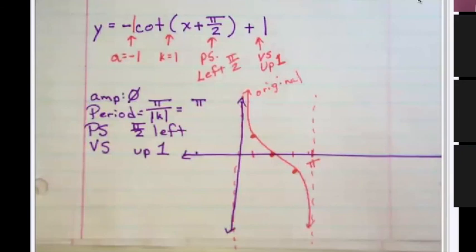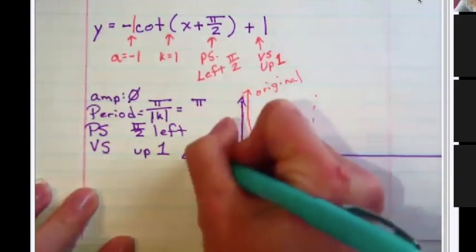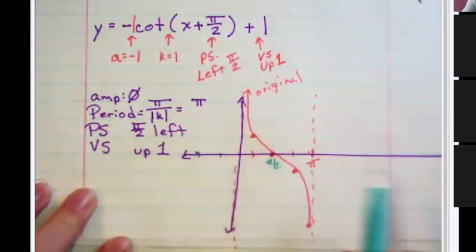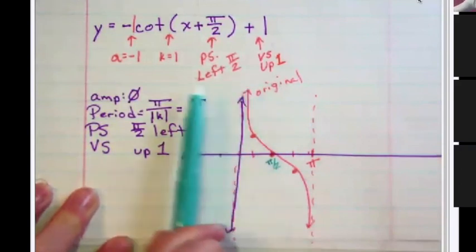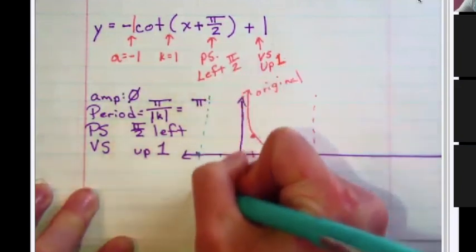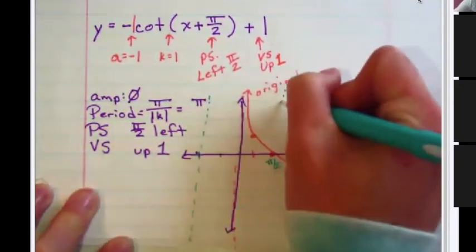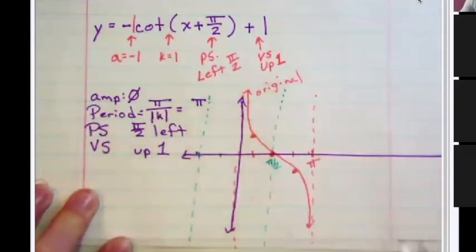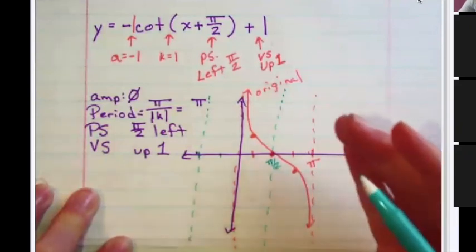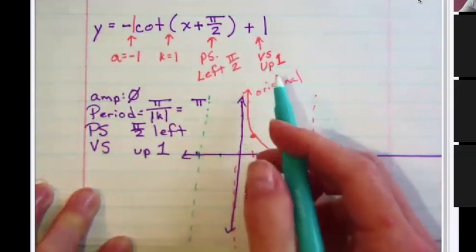Now we're going to keep the width of it the same, but we have to shift it over half a pi. So I'm going to take each one of these asymptotes and move it over half of a pi. So this asymptote's going to move to the left half. This asymptote's going to move to the left half. And each one of my points is going to have to move to the left half of a pi also, but I also have to move them up 1.